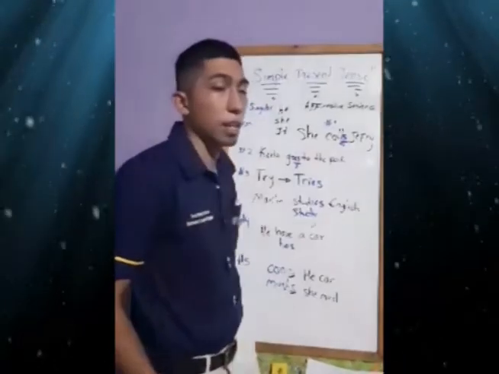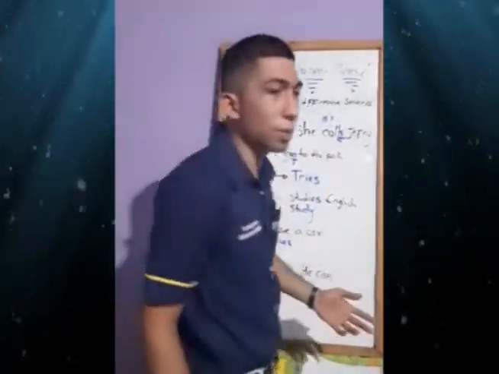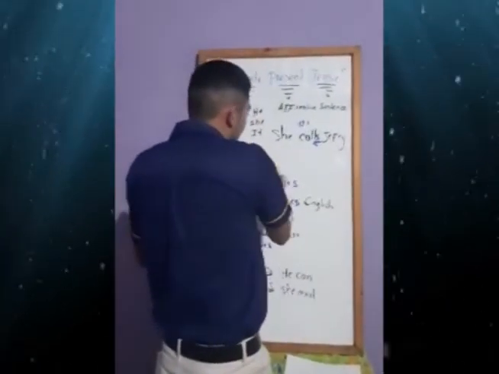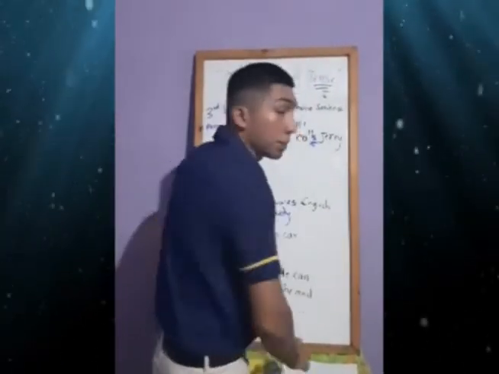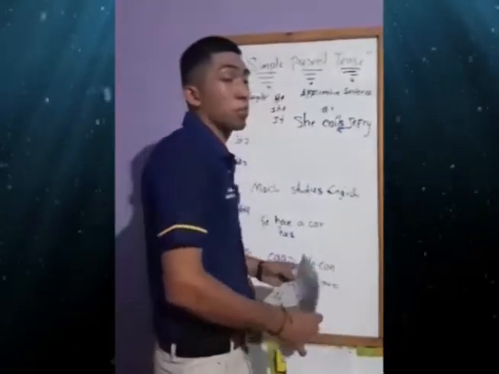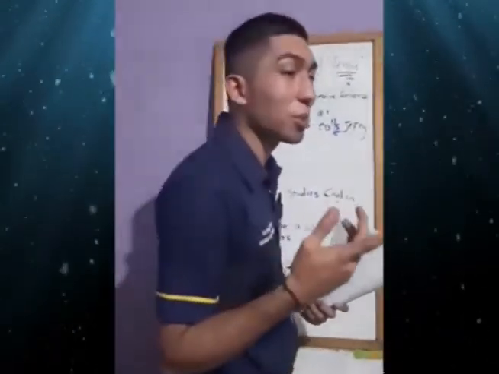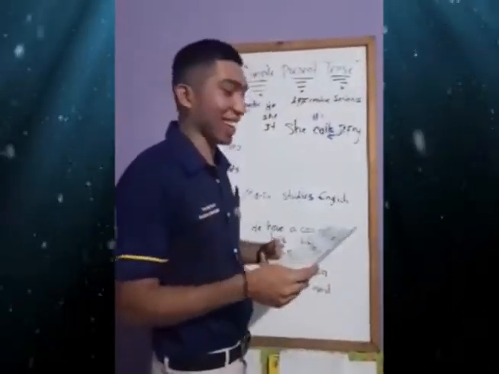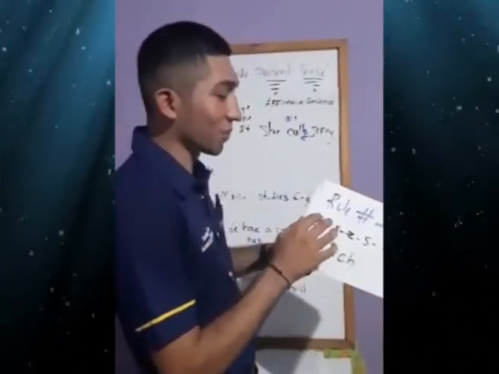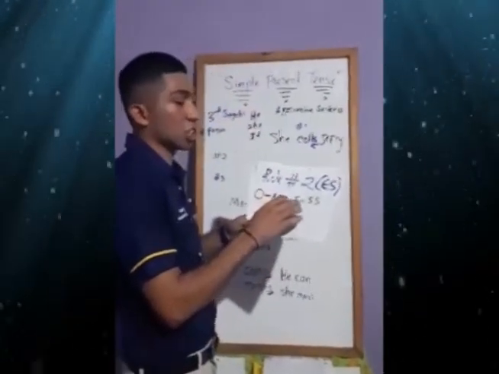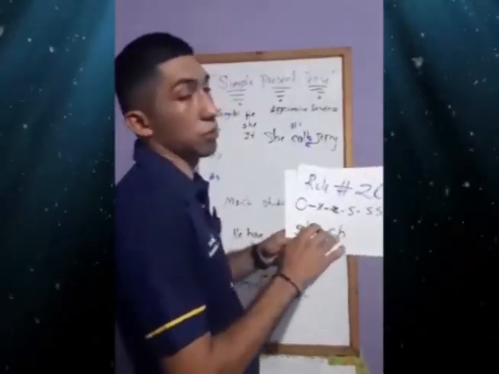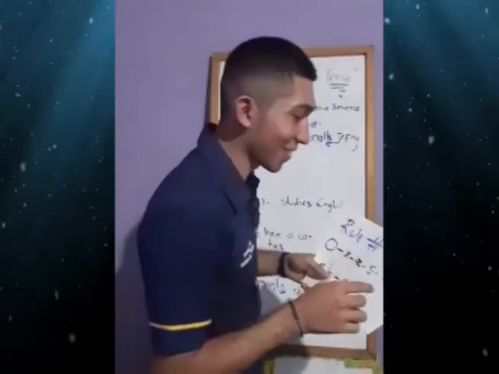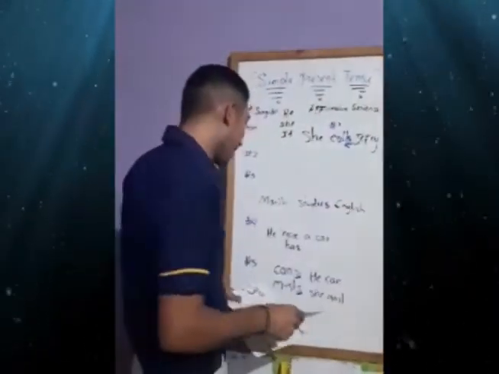add the letter s. Can you tell me the other rule that we discussed today in the class, please? Well, the second rule, what is the second rule that we use today? Yes, when the verbs end in o, x, s, z, sh, and ch, we add es.